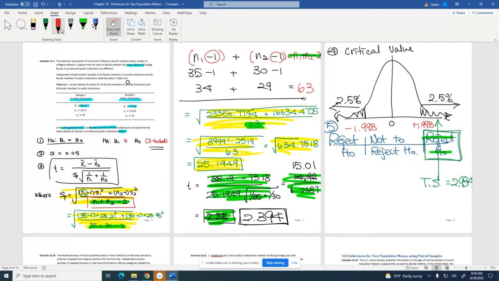Finally, in step 6, we have to make the conclusion. We rejected the null statement. Then which one should I interpret? Basically, we had two statements at the beginning, in step 1: the null statement and the alternative statement. Now we reject the null statement. Then we should interpret what?